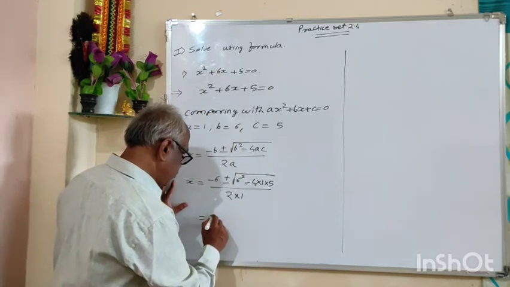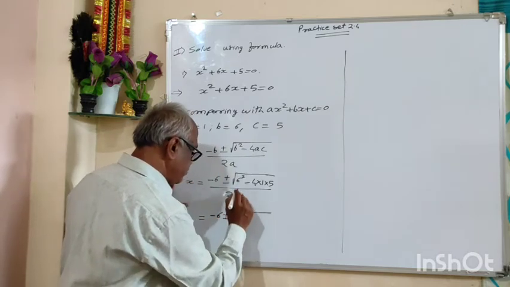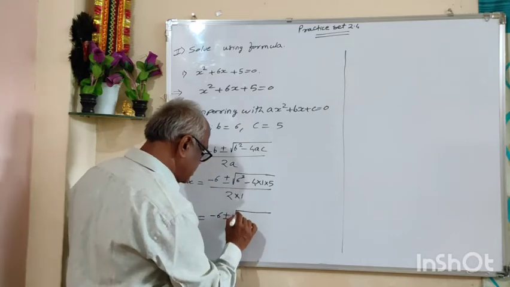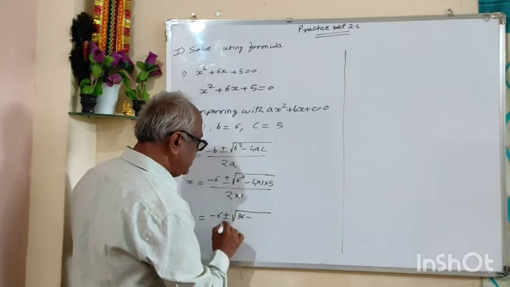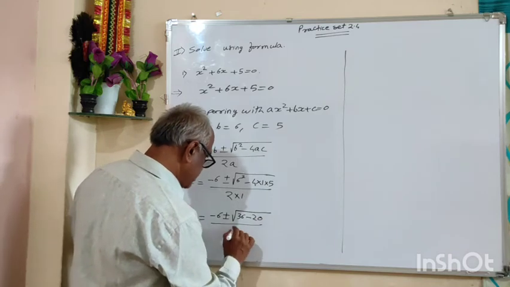Which is equal to minus 6 plus or minus under root b square, that is 6 square means 36, minus 4 fives are 20, upon 2.